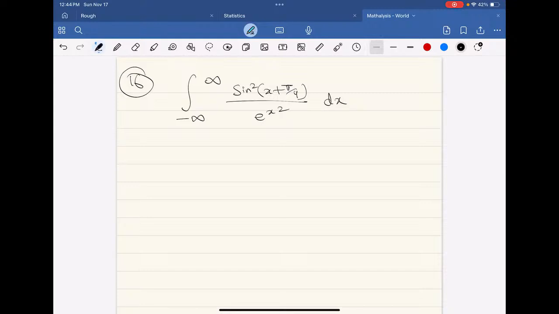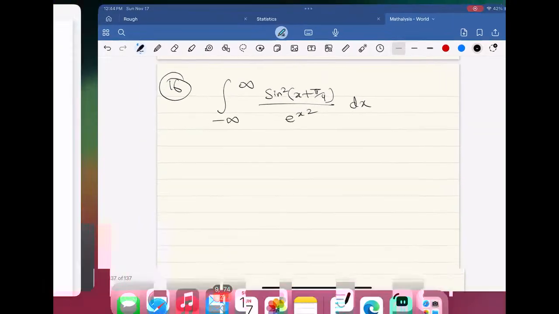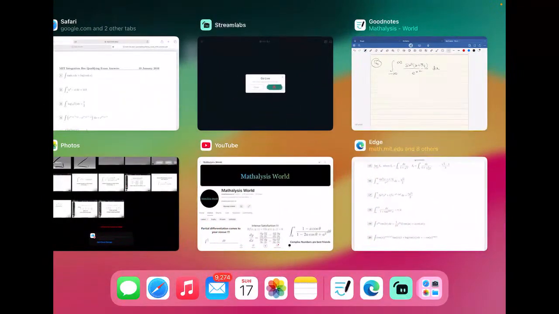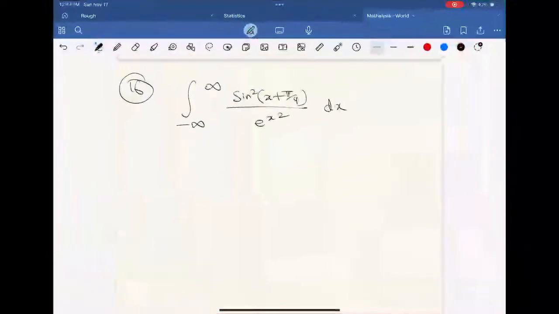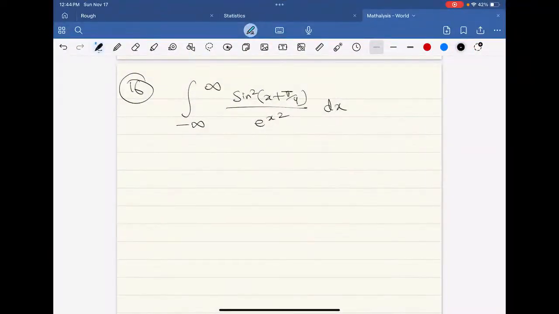I think what can be helpful is, I'll just take the answer before I solve it so that I may get some hints. Answer is root 5 by 2. Oh, I got the idea.